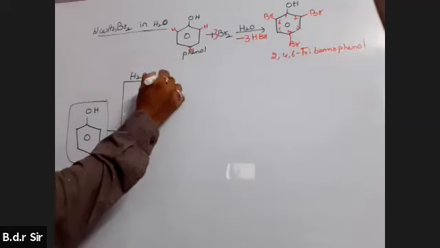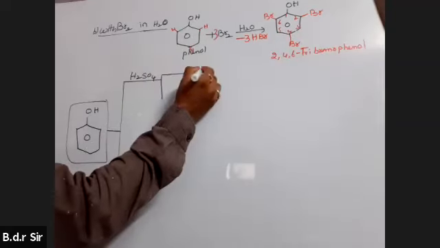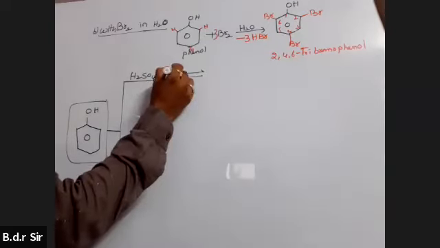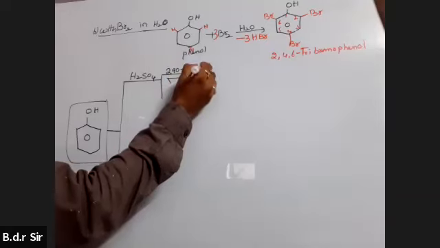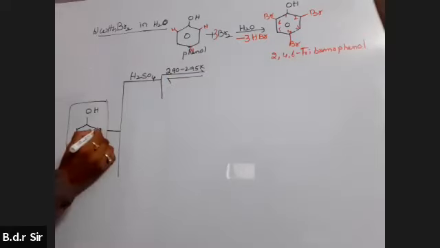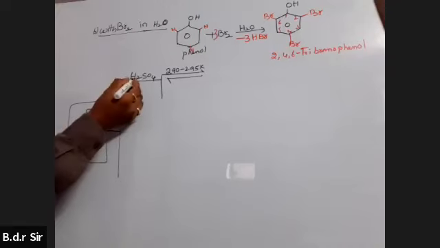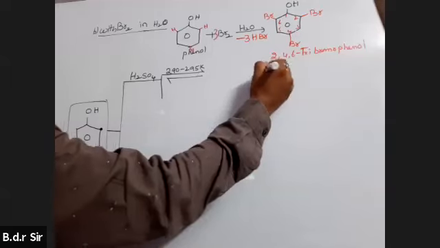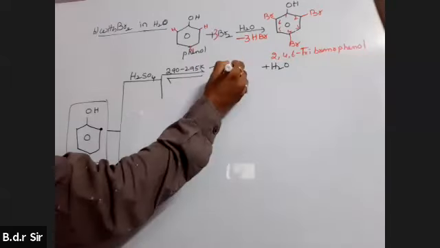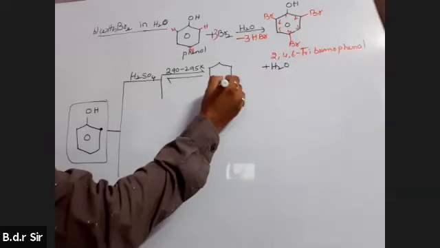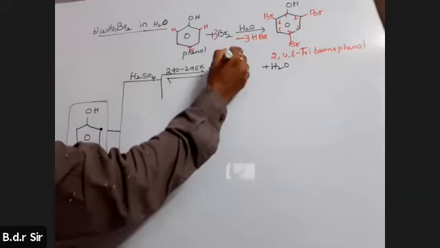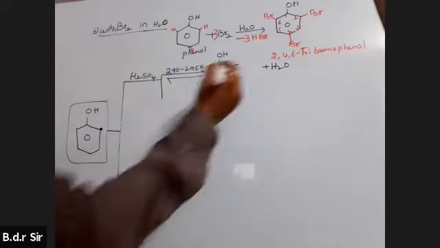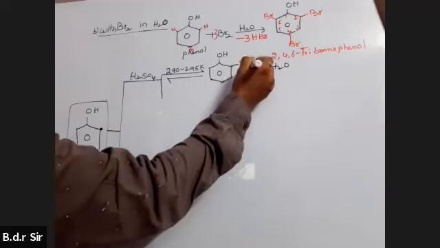Here at different temperatures, at 292 to 295 Kelvin, at the ortho position hydrogen, here hydrogen, one oxygen removed as water. What is the remaining? OH, SO3H.